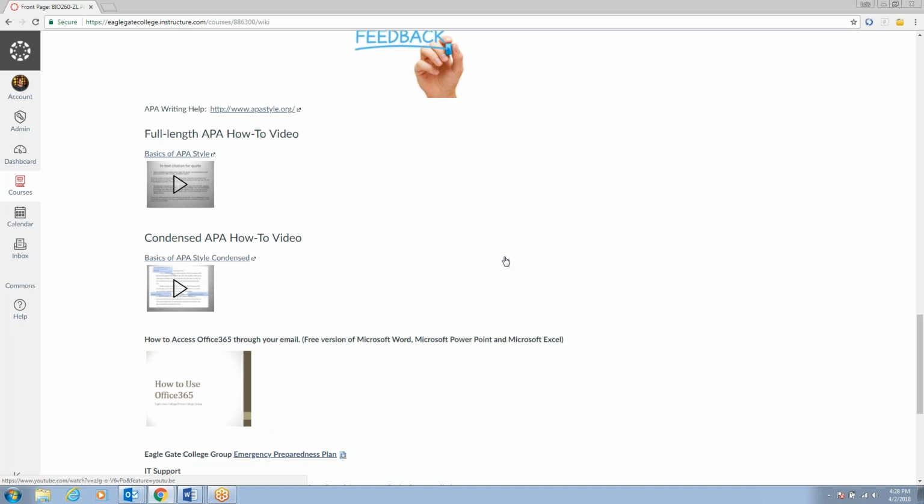The only time you need the retrieved from date and then the URL is if it's material that is going to change over time. But if you're pulling an article from a website, that's not going to change. So all you need is retrieved from and the website. You don't need the date that you pulled it.